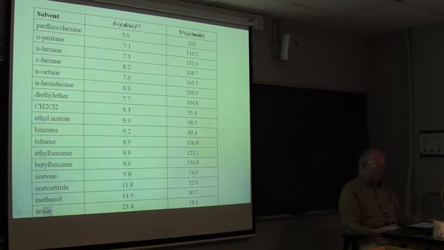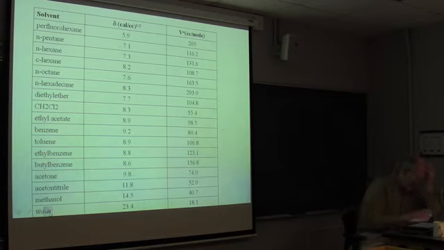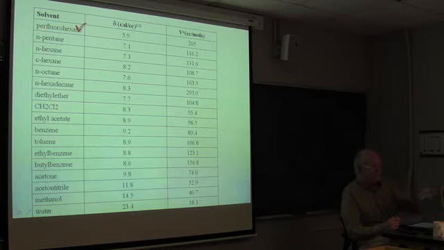The world record, if you will, in low polarity is owned by the perfluorinated alkanes. They are very low polarity. They don't even mix with hydrocarbons. So perfluorohexane and hexane don't mix well.